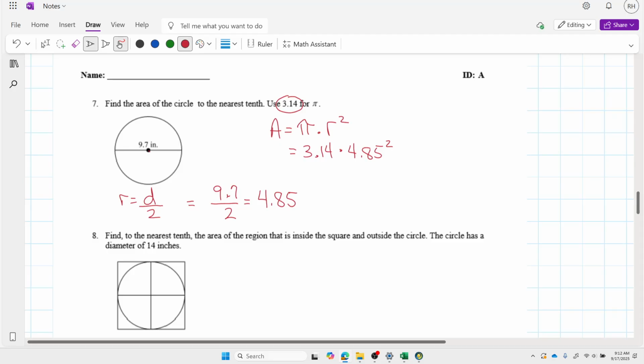So 3.14 times 4.85 squared equals 73.86.